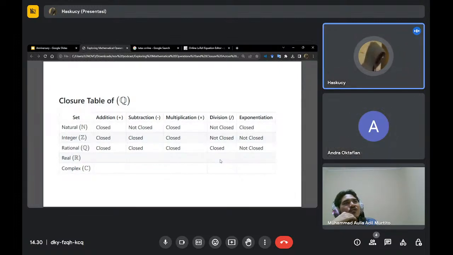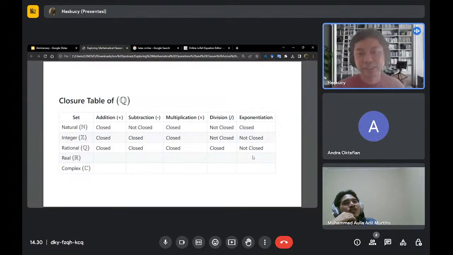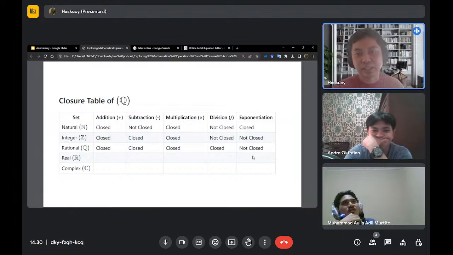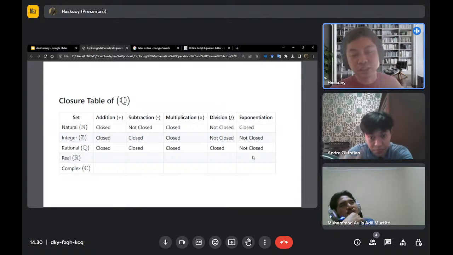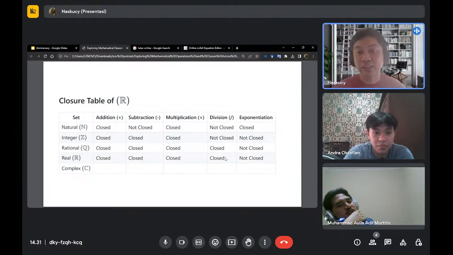The explanation is easier because you already saw the previous example, -1 to the power 0.5, the square root of -1, is not in the real numbers, it's actually a complex number. So for division, it is closed.